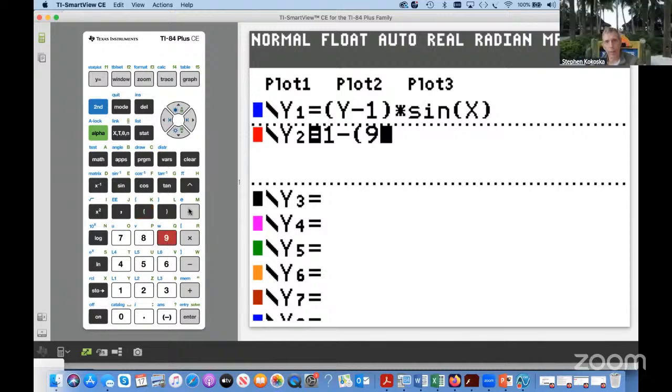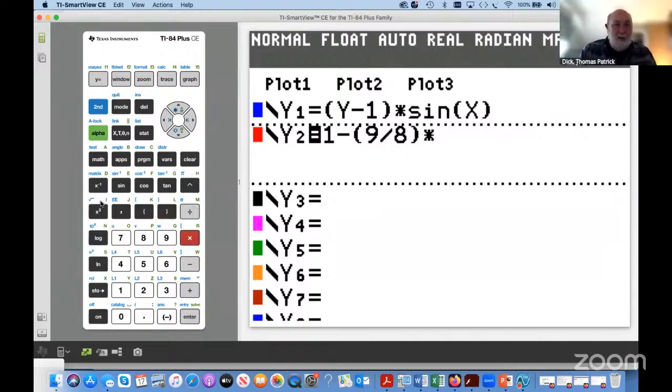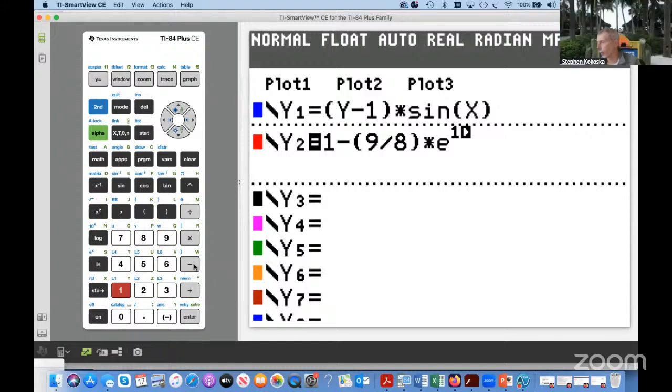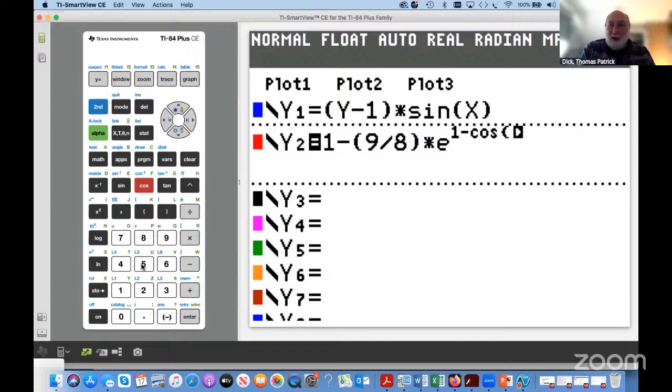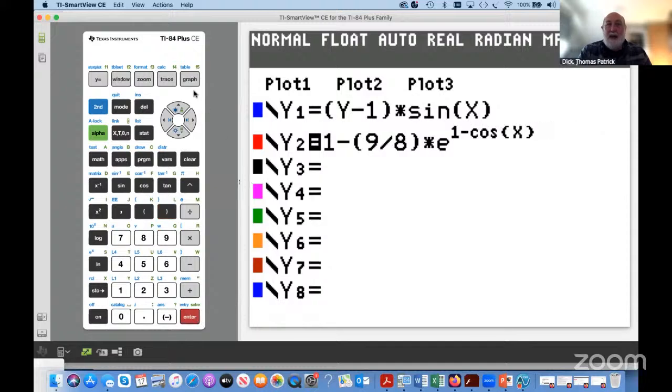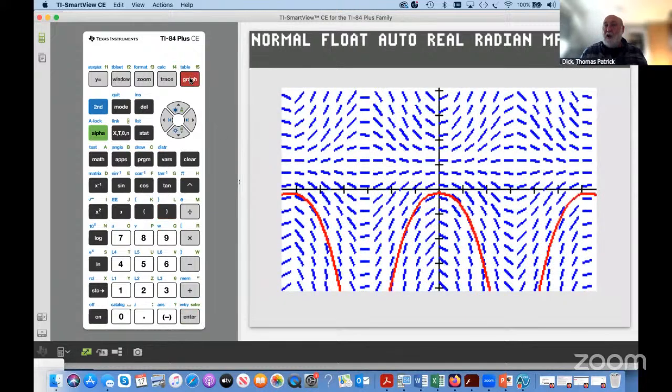Yep, there you go. Times e to the, and I'm going to put a 1 minus cosine x up here, which will be equivalent to the one you had. I think you brought the e to the first down too. Yep, exactly. There we go. I think I got through that without making a mistake. So let me enter that, and now if I graph it, it will graph on top of the slope field.